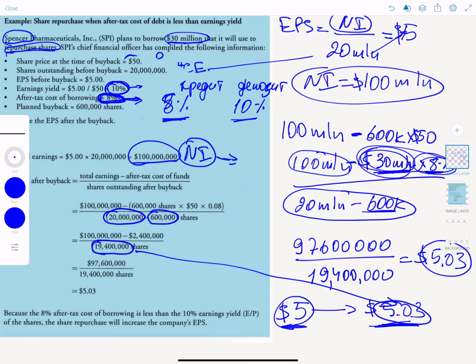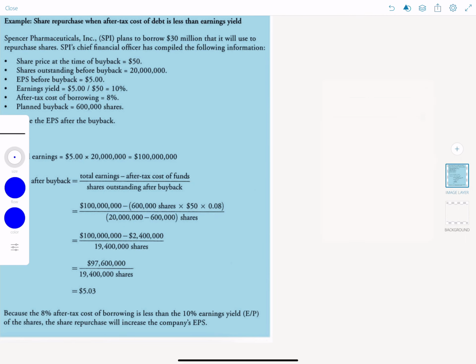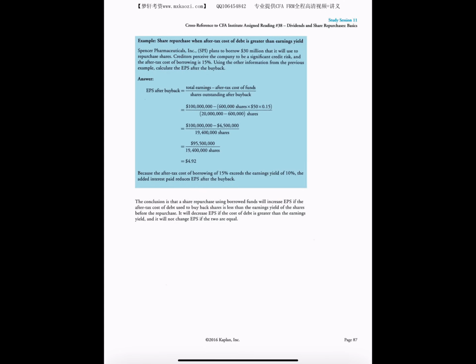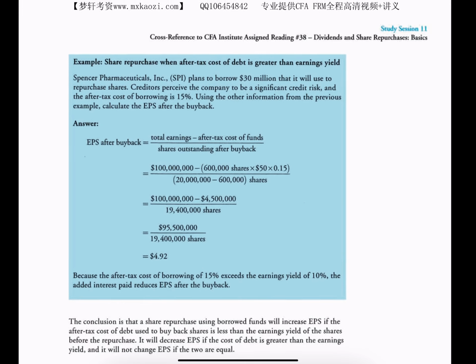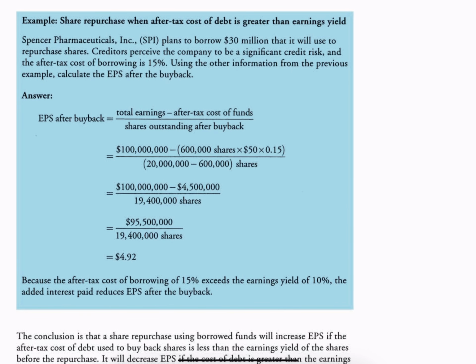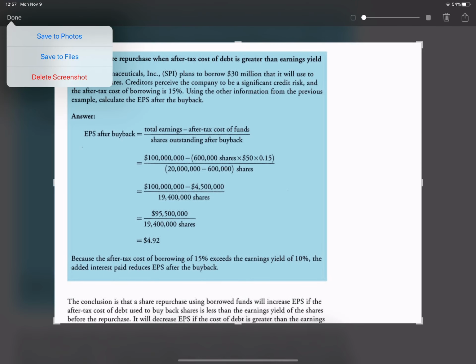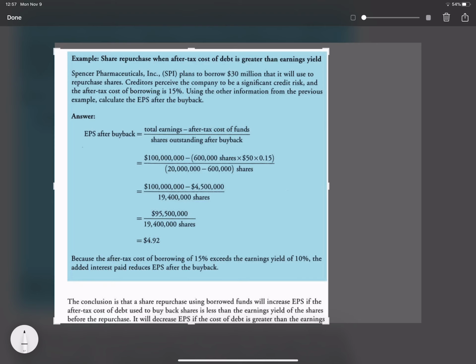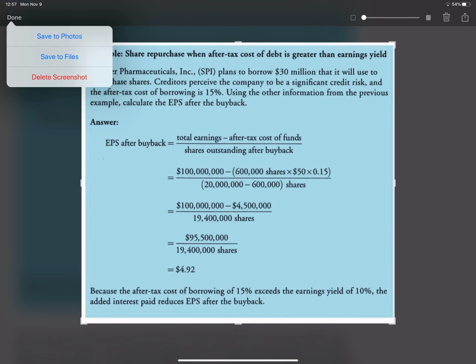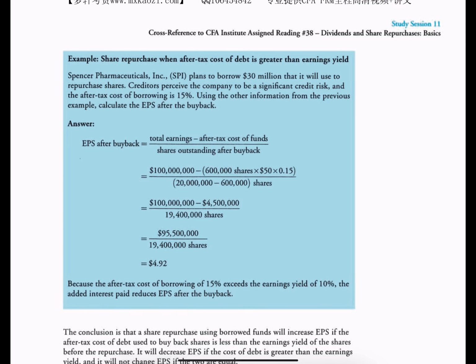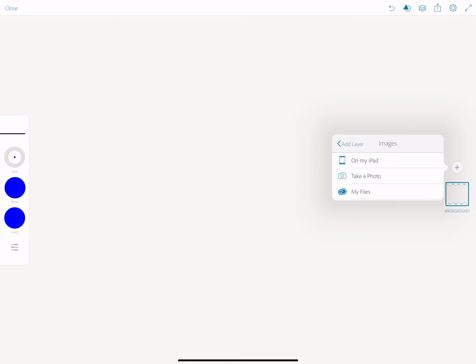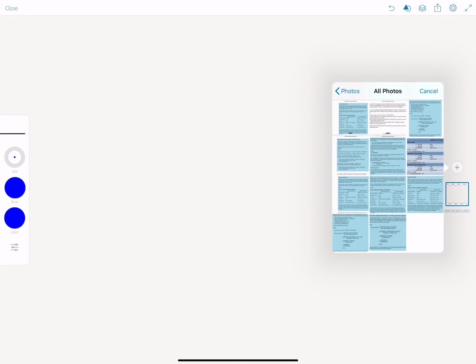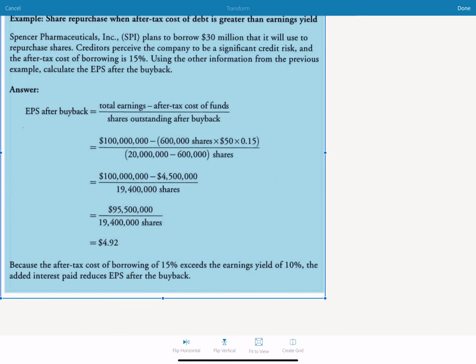Okay, that's the situation. Let's continue with the next example. Let's discuss the situation when the after-tax cost of borrowing is higher. Let me adjust the picture. Here it is.